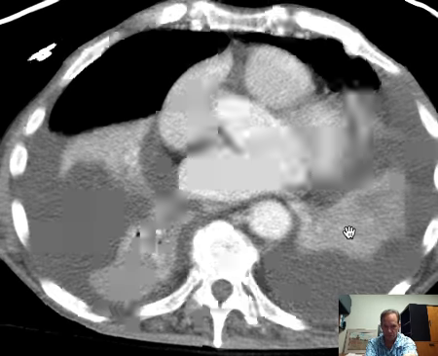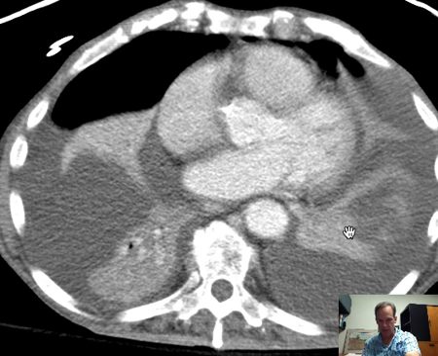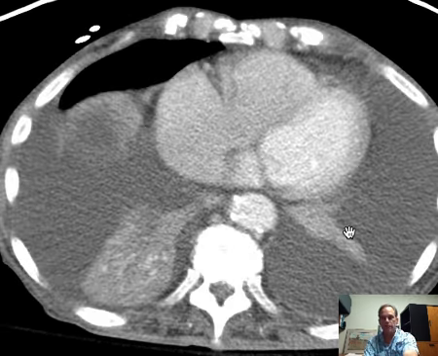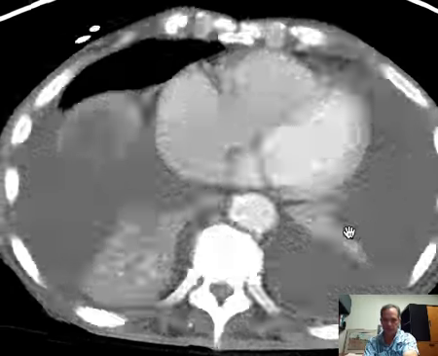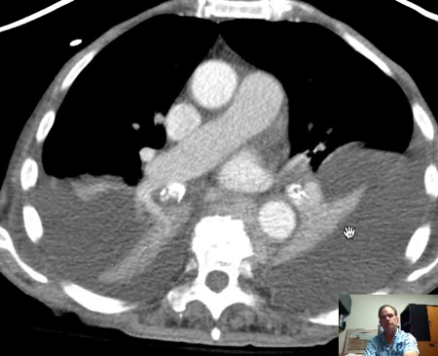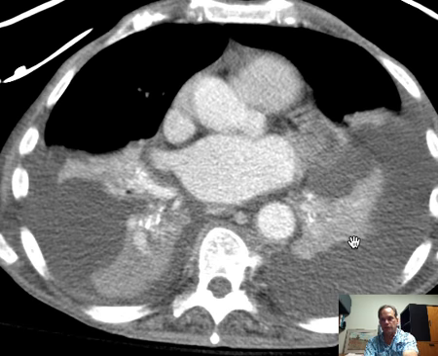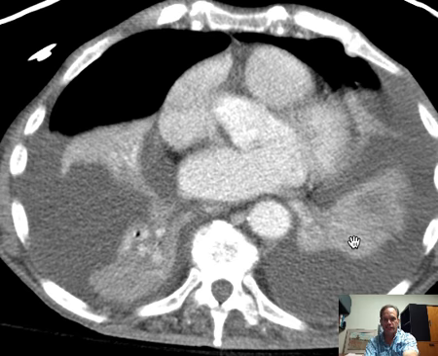So this is atelectasis. You can call it volume loss. I think atelectasis is a more accurate and proper medical term in most cases, although I wouldn't generally fault you for saying volume loss.